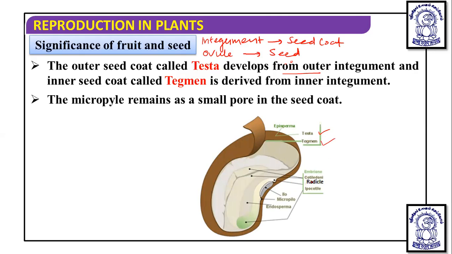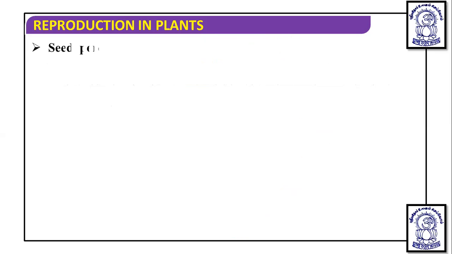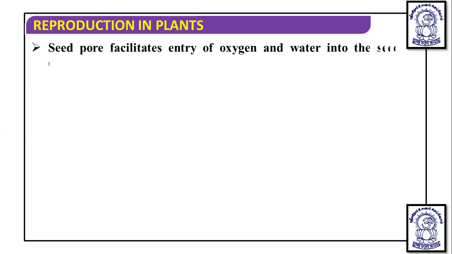Here you can see the endosperm part, and like this the seed is observed. But this diagram is not much important for us. Micropyle is a seed pore that facilitates the entry of oxygen and water into the seed during germination. And when oxygen and water are available, only then will the embryo germinate within the seed.